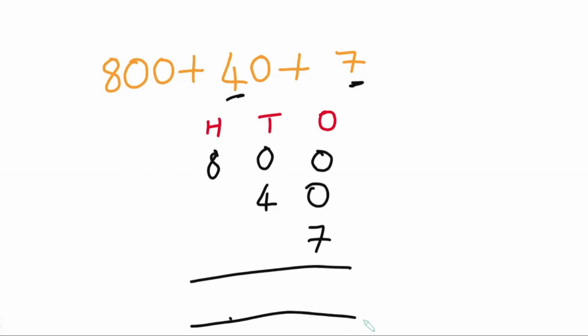Then we're going to simply add them all up, okay? So we're going to put our plus sign there just to help us remember that we're adding, we're not subtracting or multiplying or dividing. So here we go, we're going to add in columns. What is 0, 0 and 7? Yep, it's a 7. What is 0 and 4? 0 plus 4, of course, it's 4.